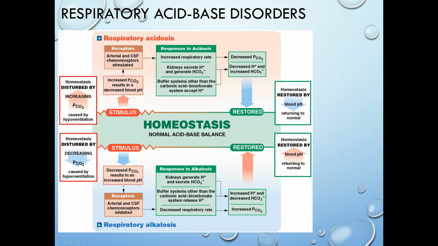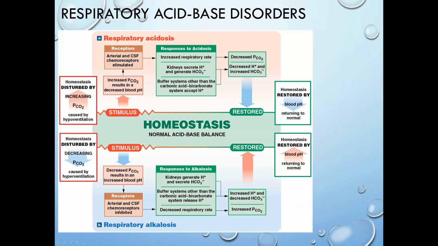So here is the picture from your textbook showing the homeostatic loop. At the top, we're showing respiratory acidosis. With respiratory acidosis, we are having hypoventilation, and that is going to increase our carbon dioxide levels. This is going to stimulate chemoreceptors. We're going to increase our breathing rate so that we can release some of the carbon dioxide, and at the same time, as a compensatory mechanism, the kidneys will be secreting hydrogen ions and generating bicarbonate ions.